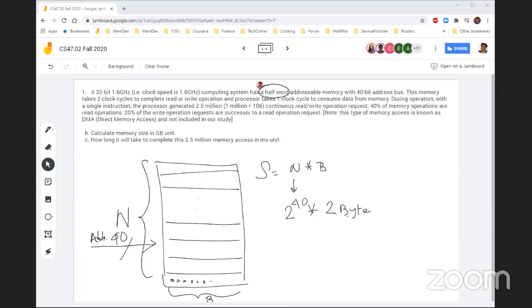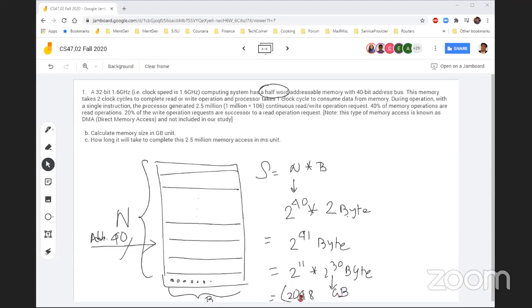That means it is 2 to the power 41 bytes, which is 2 to the power 11 multiplied by 2 to the power 30 bytes. This 2 to the power 30 is a gig unit, and 2 to the power 11 is 2048 gigabytes. So that's your answer.